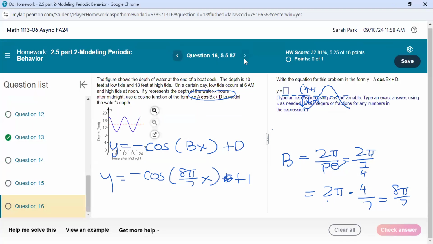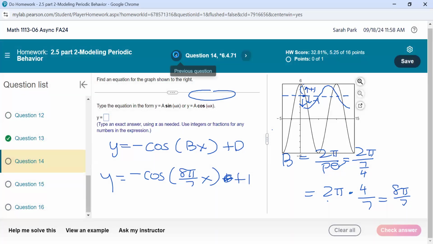Trying to find one when there's a negative sign, but I don't see any.